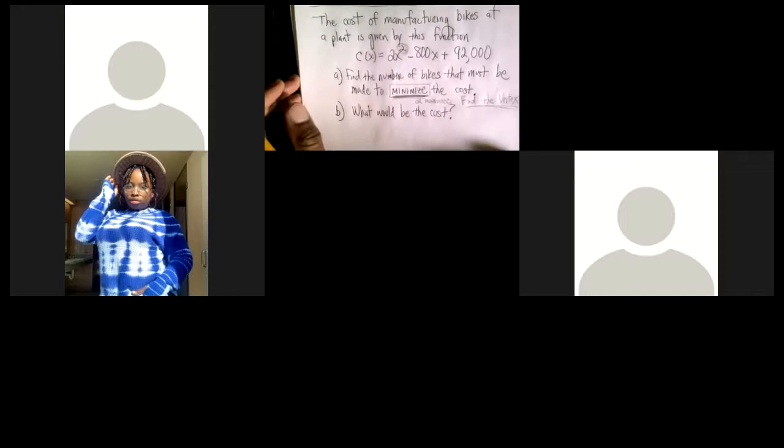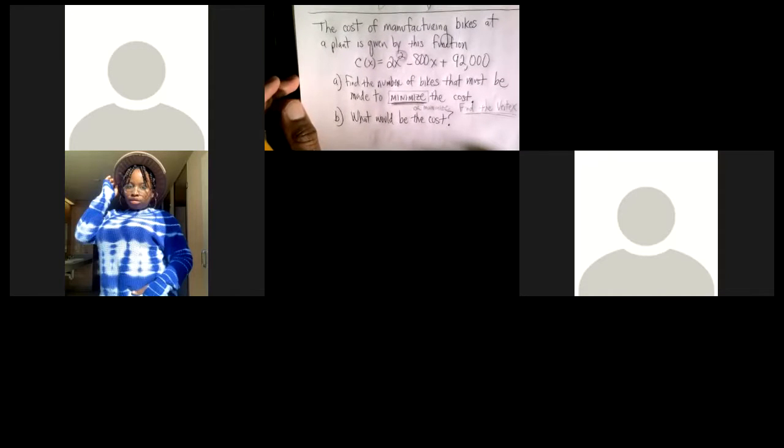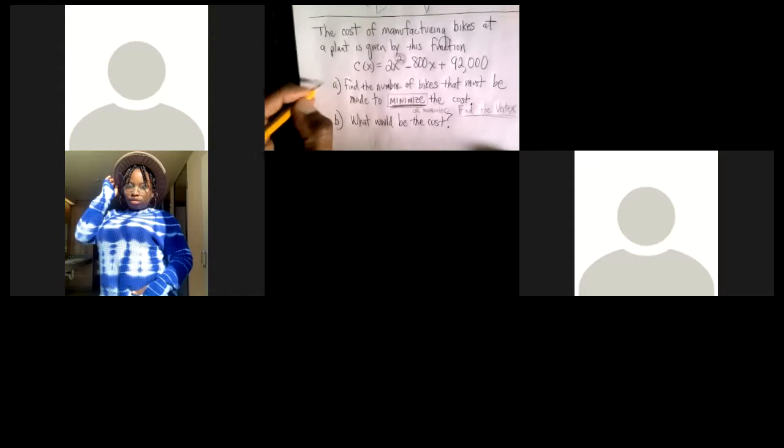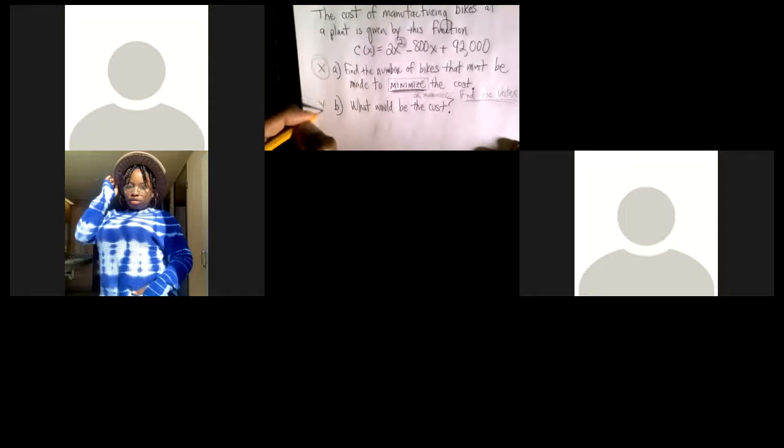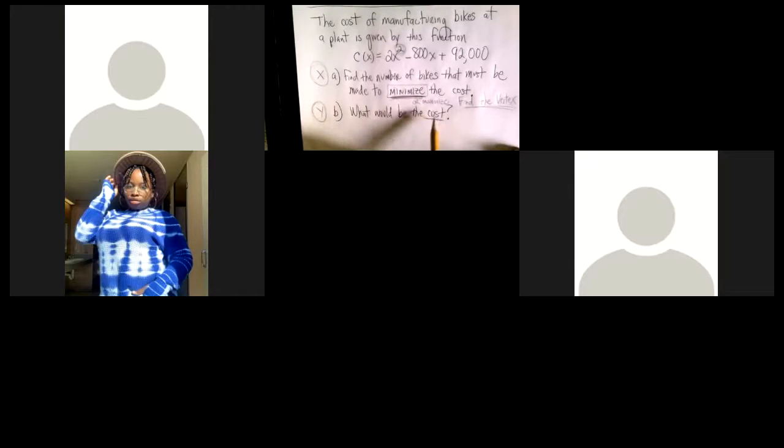Finding the vertex will answer these questions. The x coordinate usually answers part A because x is the number of bikes, and the y coordinate will answer part B, the cost, because this is the cost function.